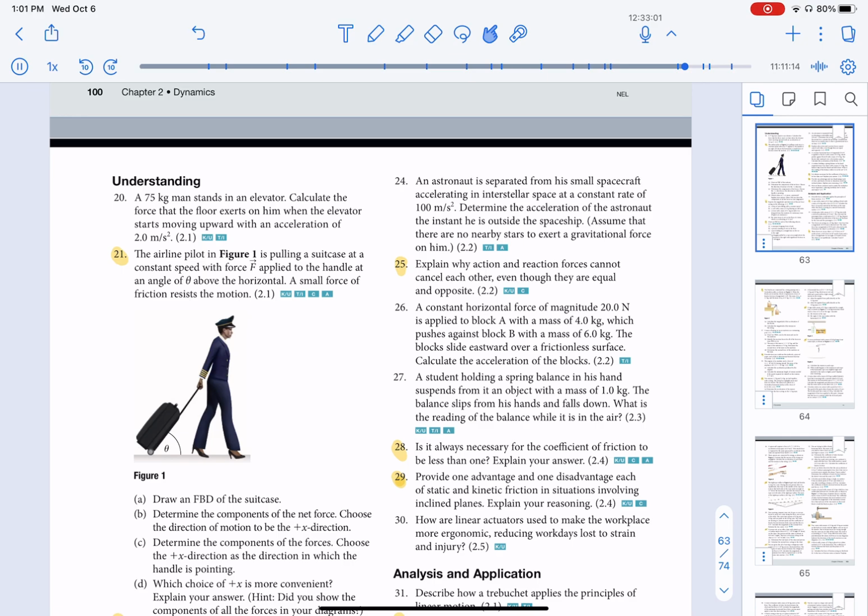For whatever reason, my rope's on the ground, so it has a normal force which balances out the force of gravity, and it has an applied force, maybe 31.5 newtons.